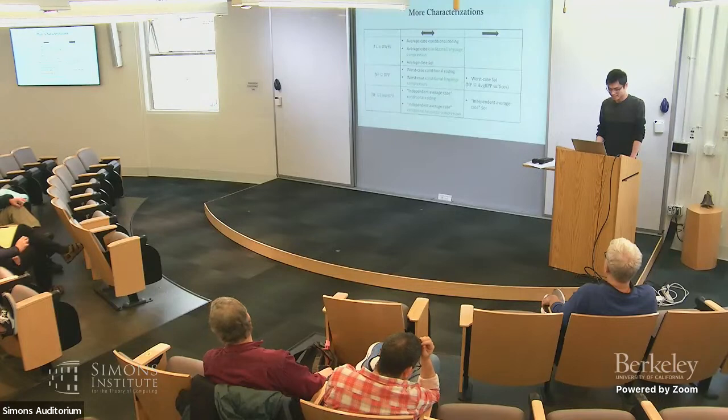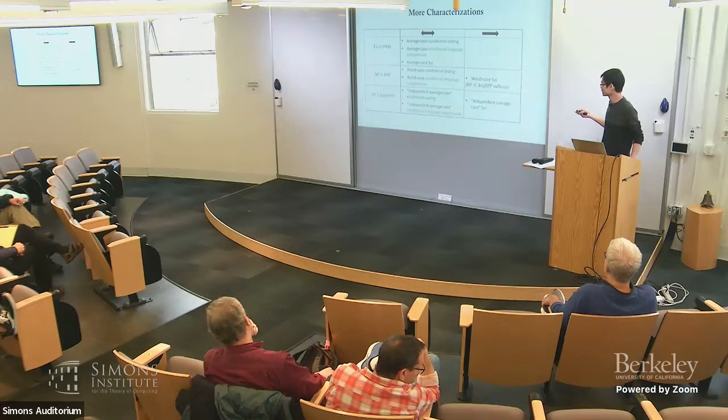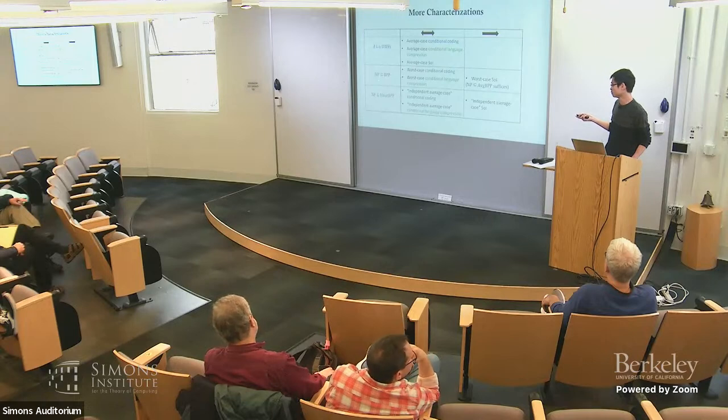For example, we don't know whether we can use worst case symmetry of information to capture NP is in BPP. We only know that NP is in BPP implies worst case symmetry of information.